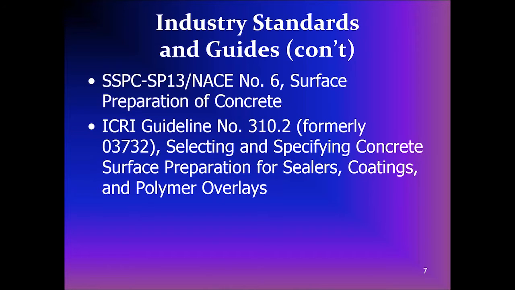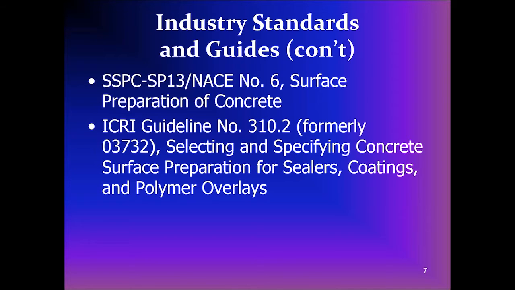The standards we'll be discussing briefly are SSPC 13 or NACE 6, which is surface preparation of concrete. That standard has a number of different methods of concrete preparation all housed in one document. ICRI guideline 310.2 for selecting and specifying concrete surface preparation for sealers, coatings, and polymer overlays.